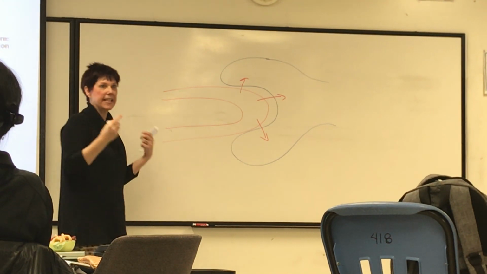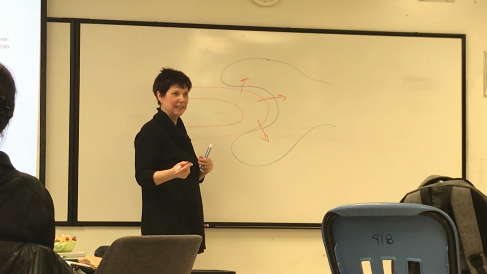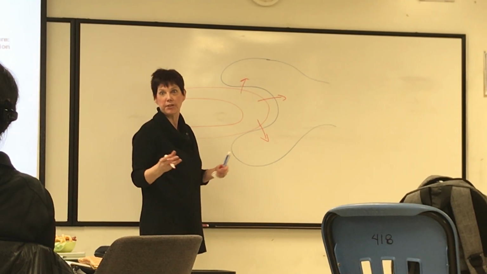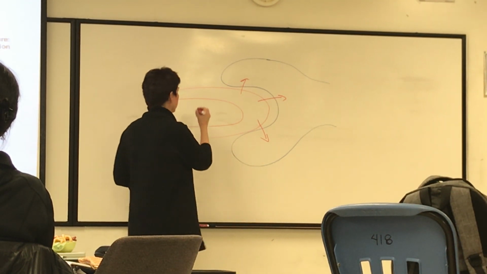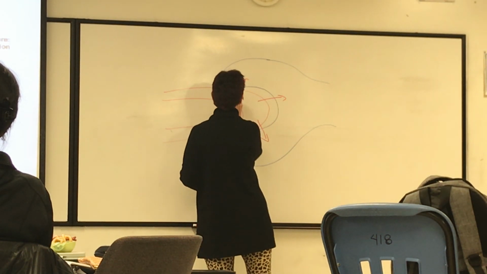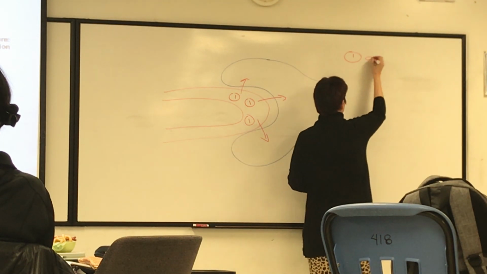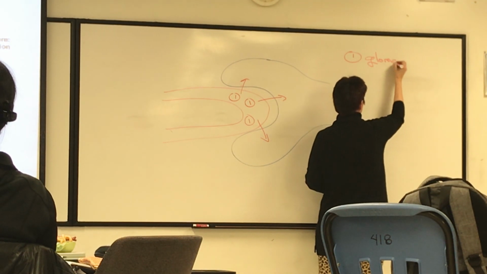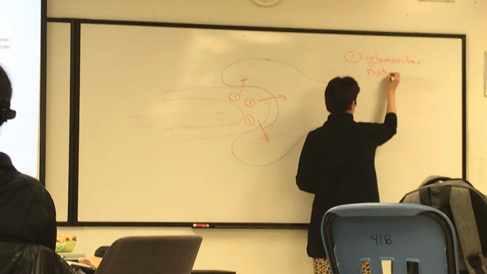Okay, and that's going to be affected by systemic pressure. So the higher the systemic pressure, the higher the glomerular capillary pressure, unless we change the diameter of the afferent and efferent arteries. So this is going to be glomerular hydrostatic pressure, which is the same blood pressure.